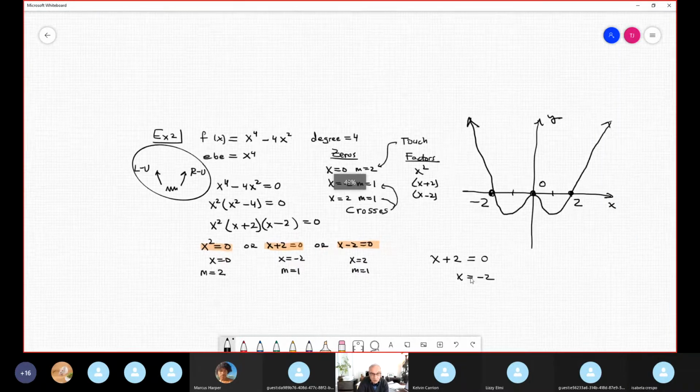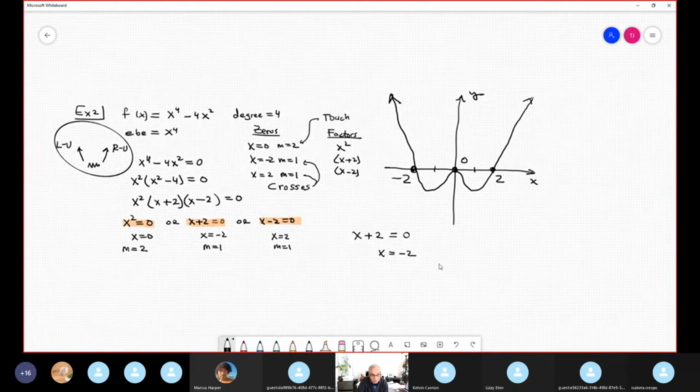So, any question, how does it look? The most important part, I suppose that you know. The new part is determining the zeros using factorization so far, and the behavior of the zeros, the multiplicity of the zeros.